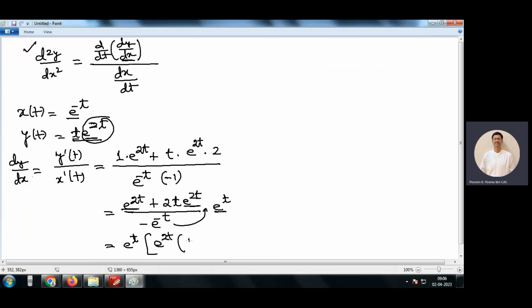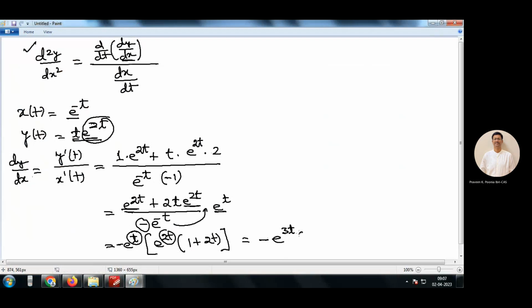So what remains? 1 plus 2t. But there is one negative also, so this negative will come here. So it will be e to the power minus t and 2t. E to the power how much? It is 3t and 1 plus t.